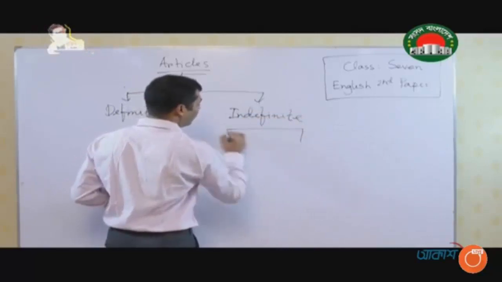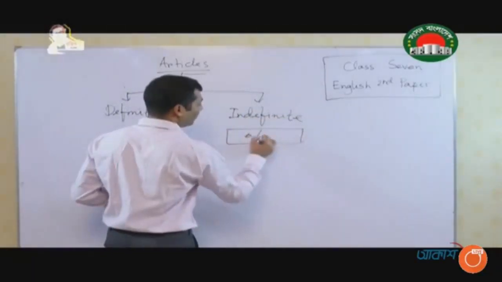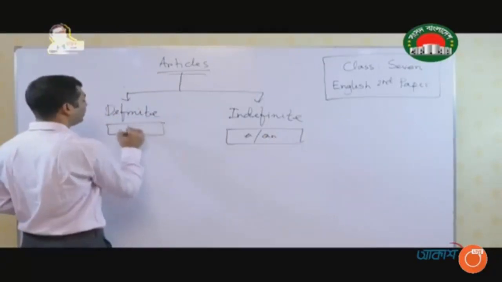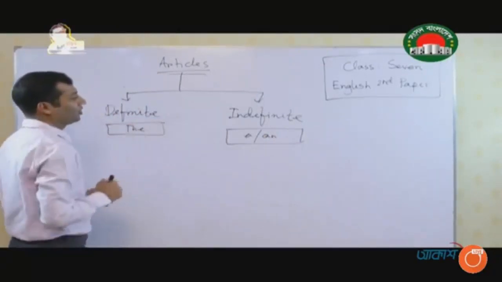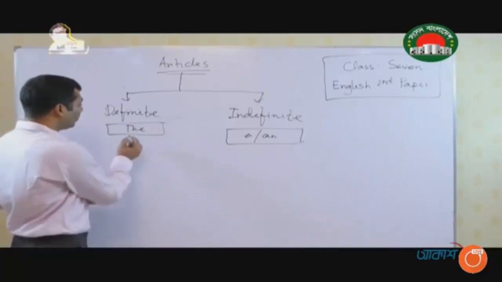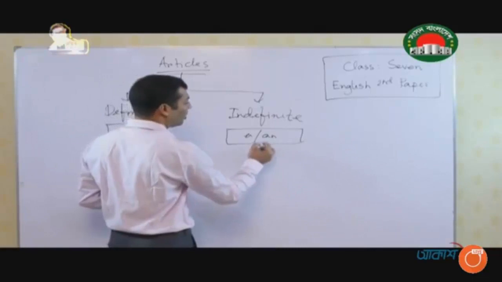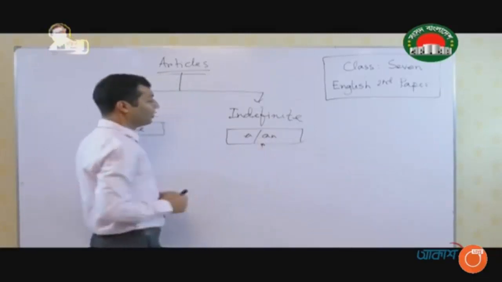Indefinite articles are a, an, and the definite article is only one, the. We will talk about the use of the in my next class, but in this class I will talk about the use of a and an.